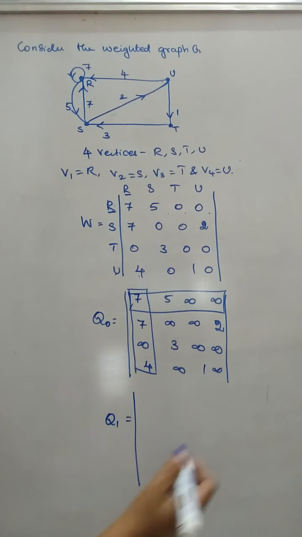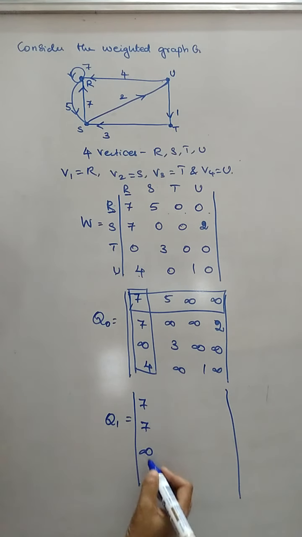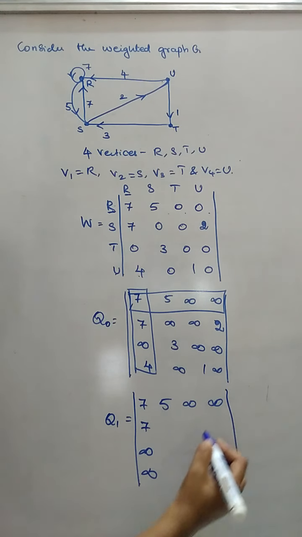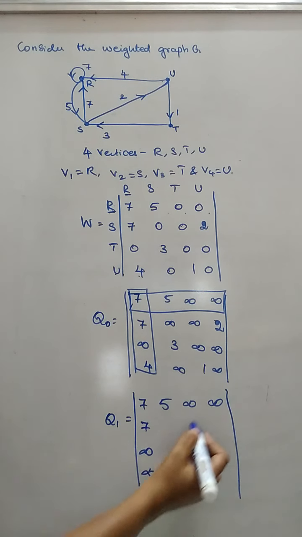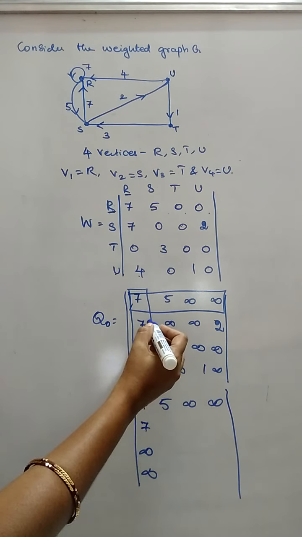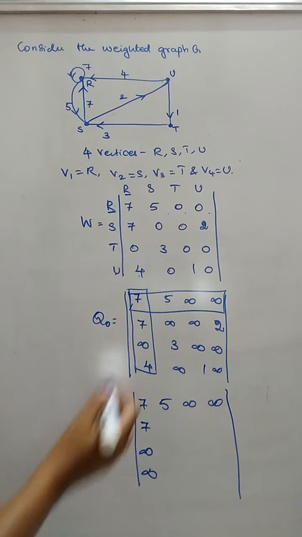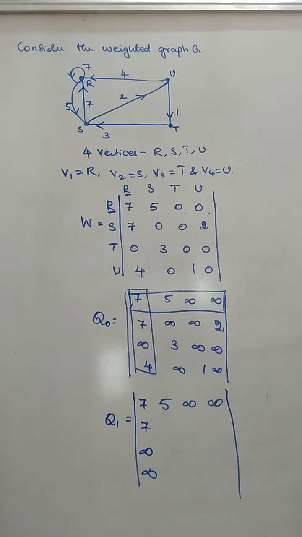I am going to write all the values of the first column and first row as they are. Then to fill the other values, I am going to take the corresponding row element and column element from the column and the row that I have chosen here.